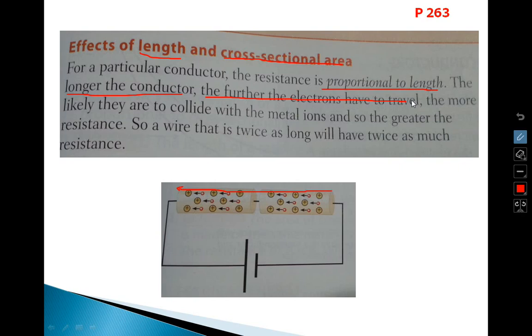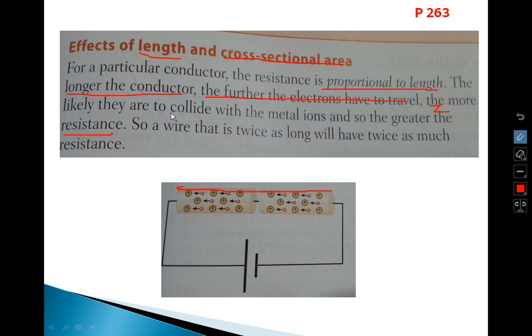What does it mean? The more likely they are to collide with metal ions, and so the greater the resistance. So there will be more resistance across this distance here.